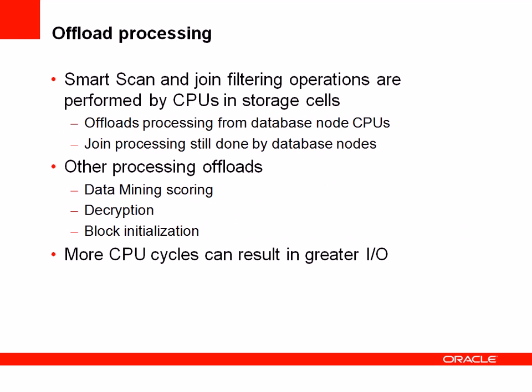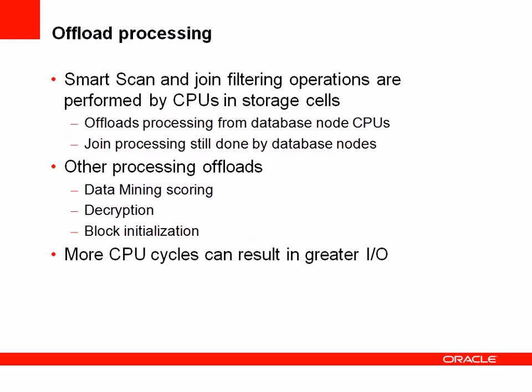As I mentioned earlier, decryption can be done by the CPUs in the Exadata storage server. In the latest release it can be done by firmware in the Exadata storage server CPUs. And the last thing is actually pretty important. Whenever you allocate new extents, either by creating tablespaces or extending tablespaces, those extents have to be initialized. What that means is the Oracle database has to write to every block in that new storage space.